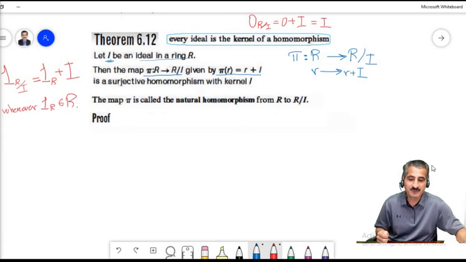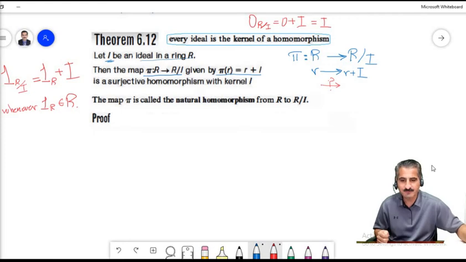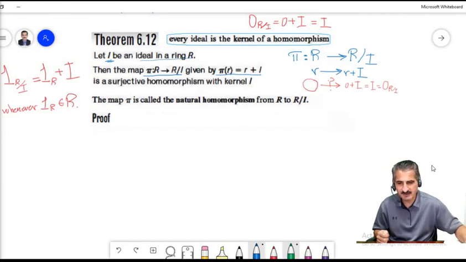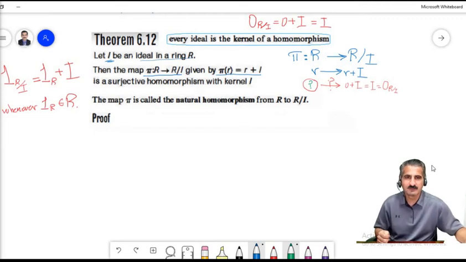Okay? Now, can you tell me which element goes to 0 plus I, the identity in here? Which elements go to the 0 of the factor ring? Now the question here, what elements, if you take the coset, go to the 0 coset?